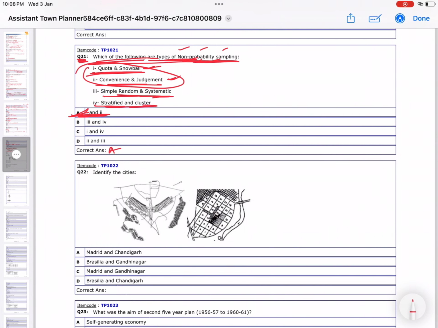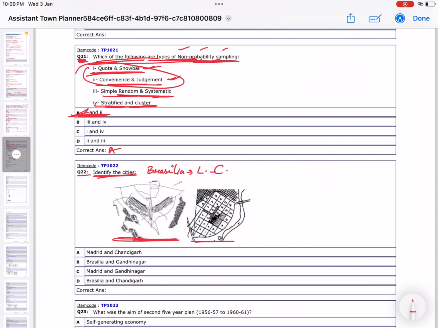Question number 22. Identify the city. They have provided us the form of the city and we have to identify which city this is. If we look at this one, this is Brasília, and the planner of this is Lúcio Costa.